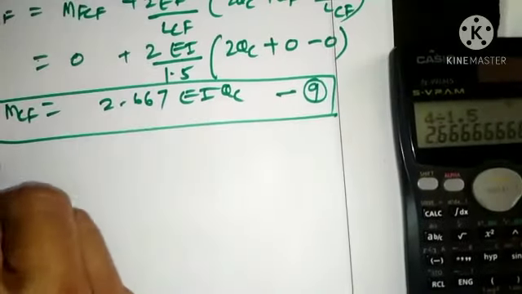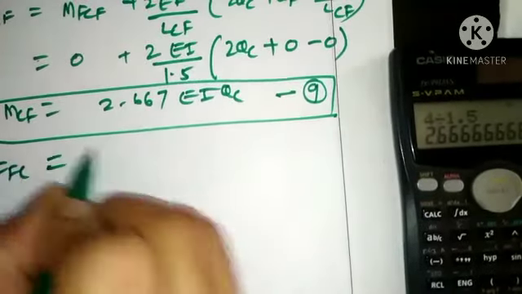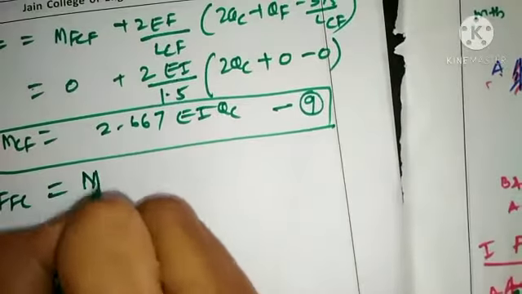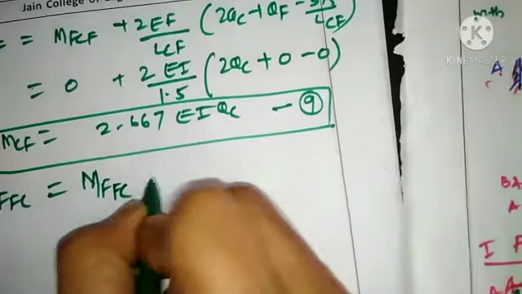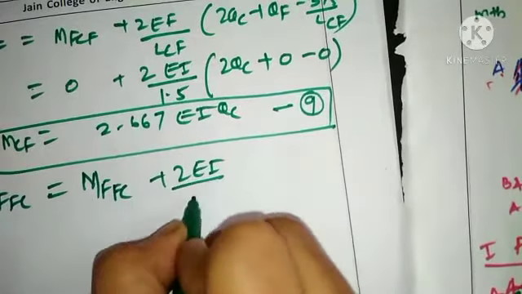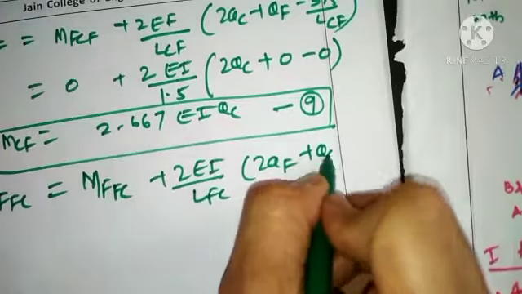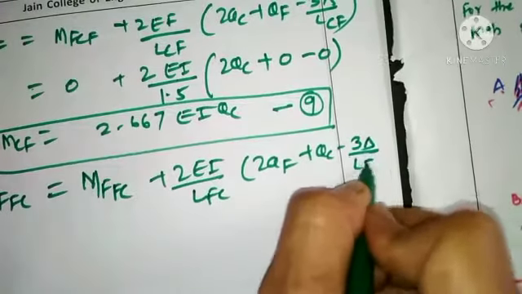Last is MFC, that is from the member F to C. So this will be MFFC plus 2EI divided by LFC, 2 theta F plus theta C minus 3 delta divided by LFC.